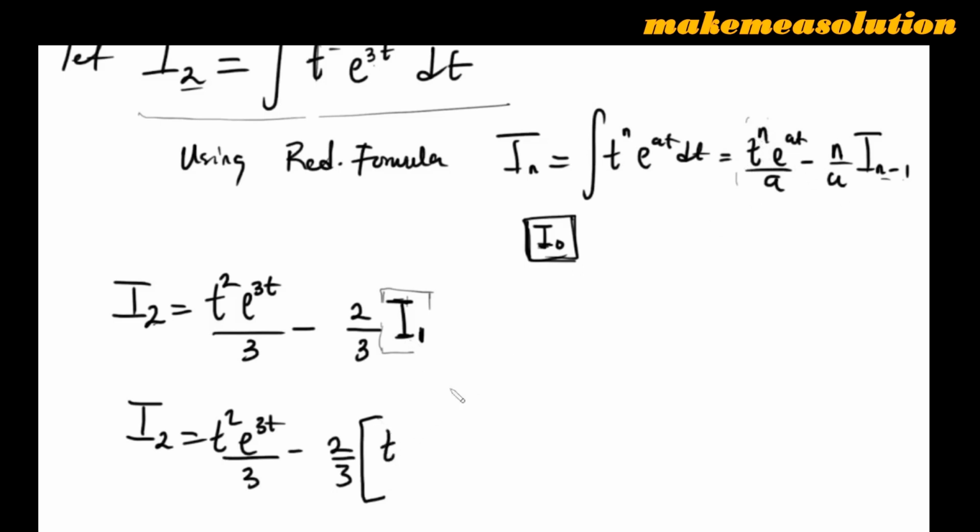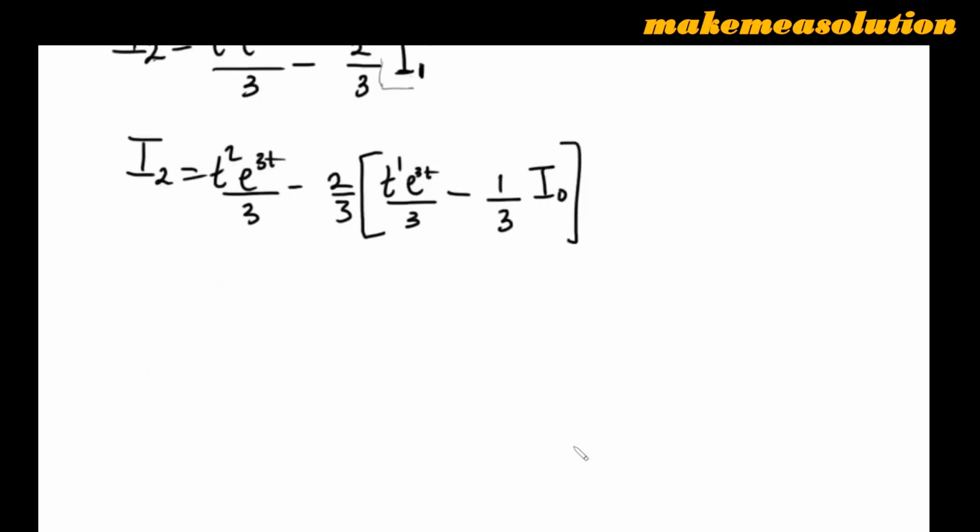So we now have t raised to the power of 1 exponential 3t all over 3, and we now have minus n, which is 1, all over our a, which is 3, and we now have I_(1-1), which is I_0. At this point everybody will be wondering what the value of I_0 is.